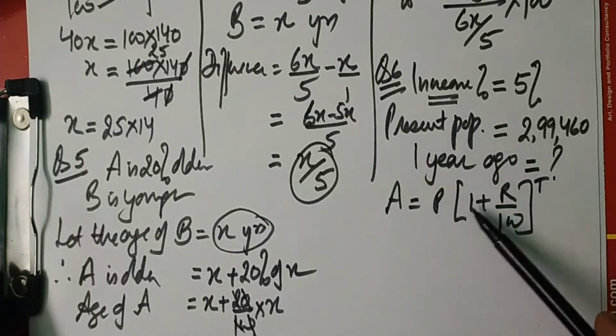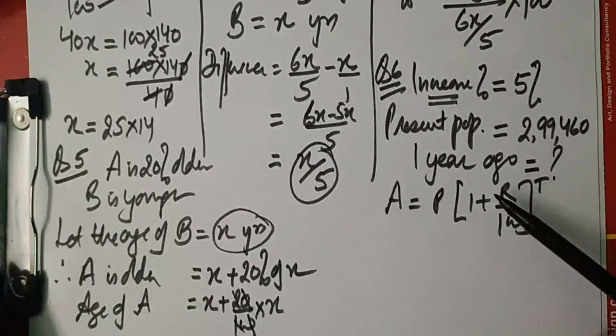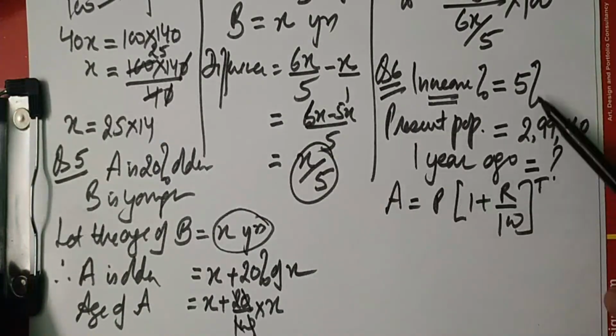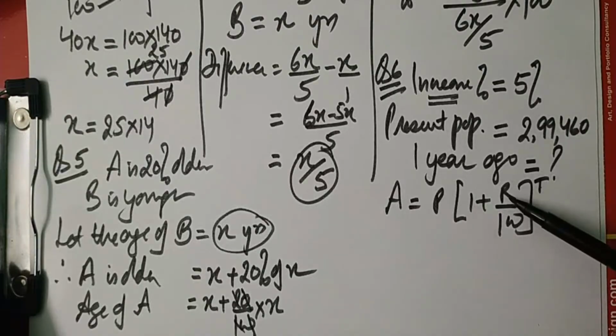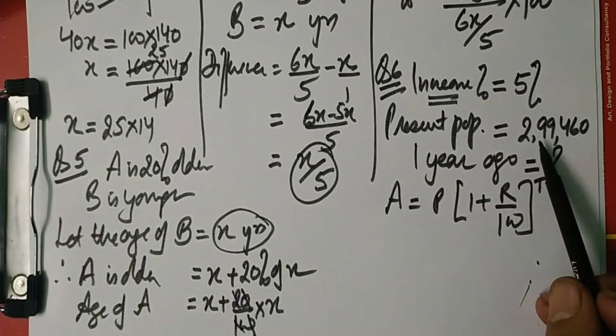Now if we use this formula, what will be the present population? 1 year is the time, percentage is the rate, R is 5. But what is 299,460? Will it be A or will it be P?